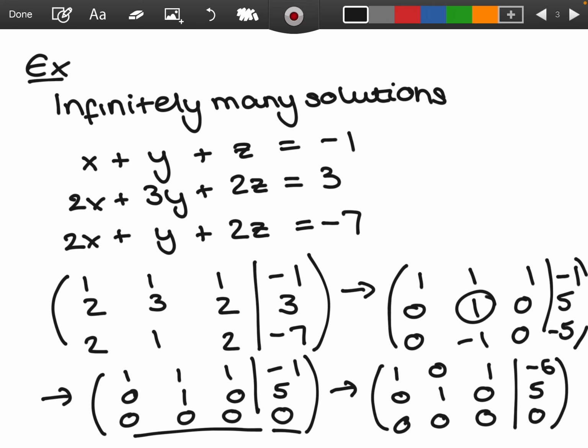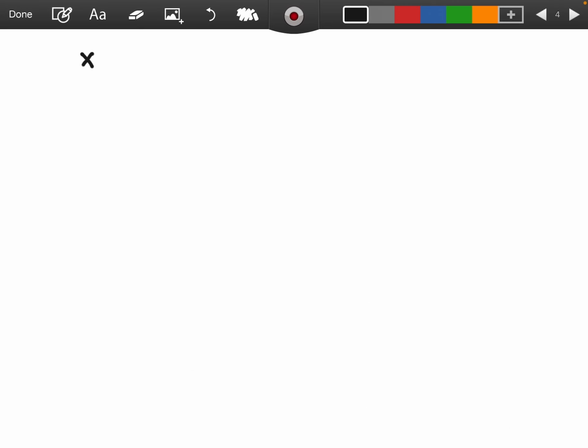What does this tell us? Well, whenever you get to this point, my suggestion to you would be always write it back out as formulas so you can actually see what is happening now that you've fully simplified it. From our top row here, we would get x plus z is equal to -6.